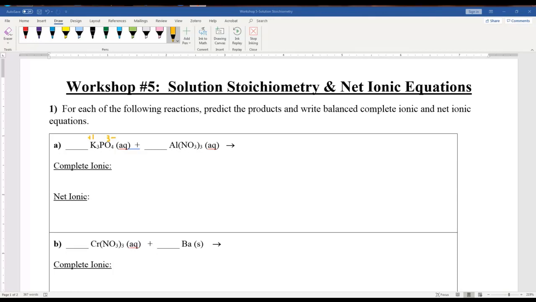If it had been 2, you would have just divided the number, and that would have given you a different answer. So if the potassium was a plus 2, you get into a little bit of a mess there.